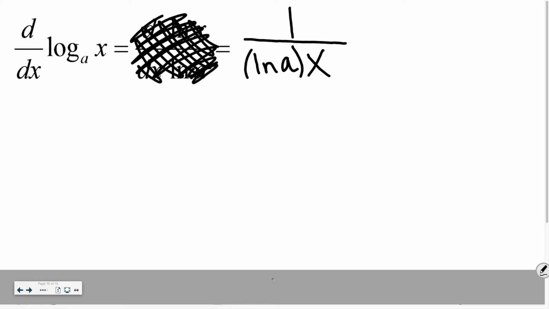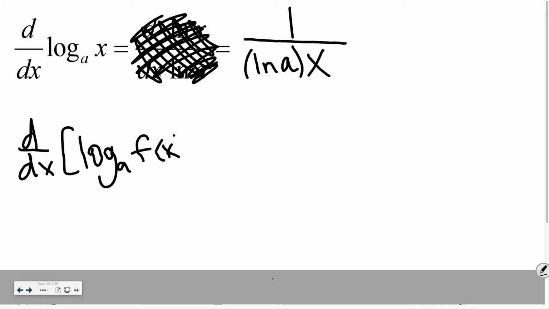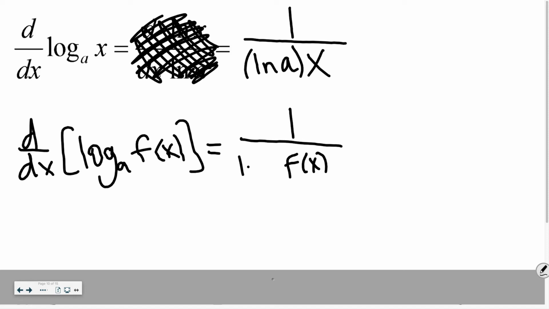If you have the derivative of log base a of a function inside, we're still going to have to work with the chain rule: 1 over what's inside times natural log of the base times the derivative of what's inside. Highlight, star, box, circle. I don't care what you do, but here's another rule that you will be expected to remember.